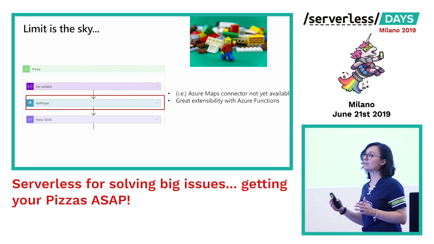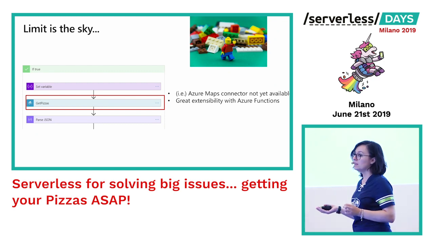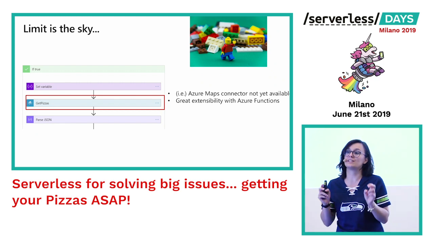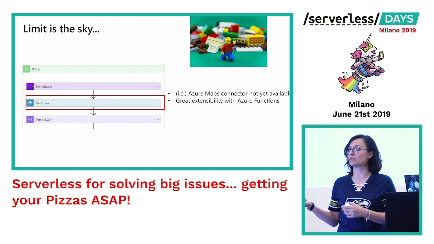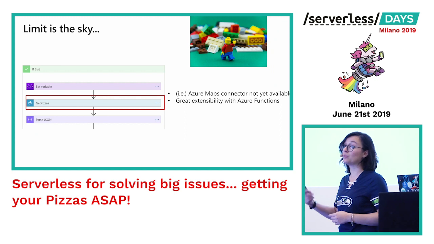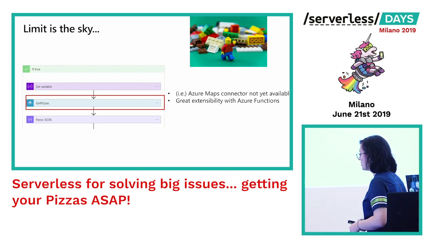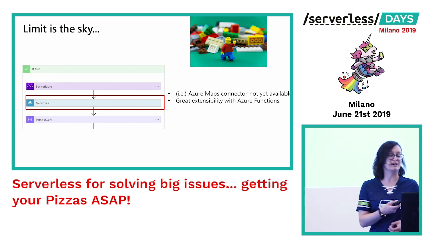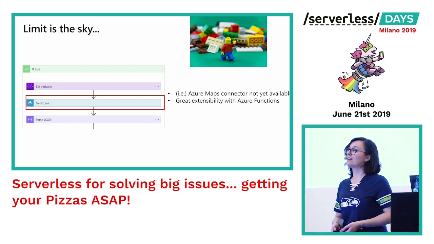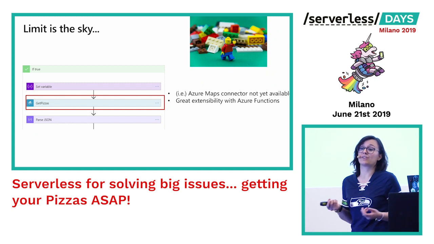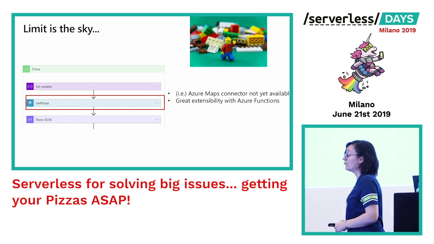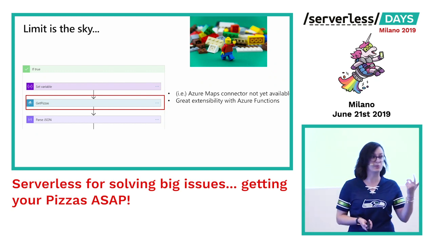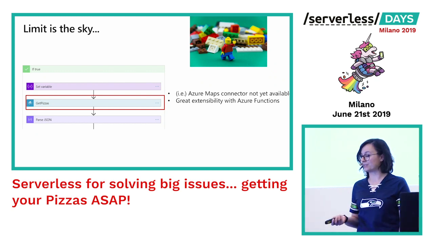You can write some custom API. This could be needed if you have a custom system with which you want to integrate your solution, or also, for example, in the case that we will show after, because the connector is not available yet, for example for the Azure Maps API that we will use after.